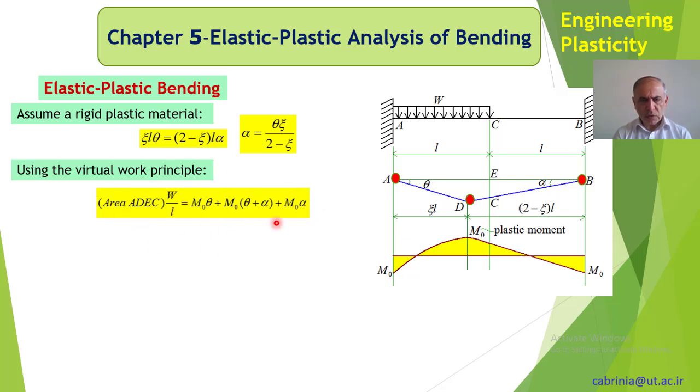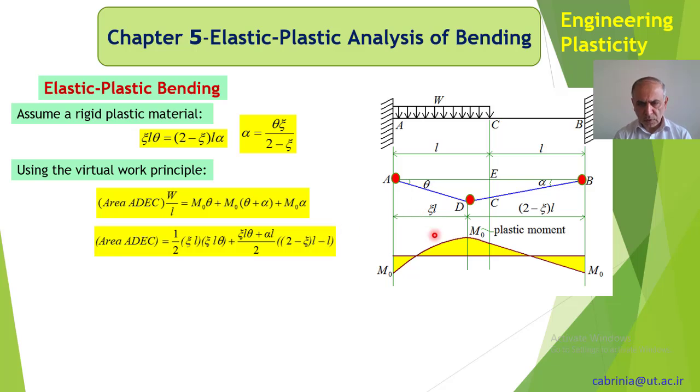We equate the virtual work to internal work, and I'm going to substitute for this. So let's have a look. This xi L is this distance, and xi L theta, because we are working in here, you see xi L is this distance, and xi L times theta is this distance.